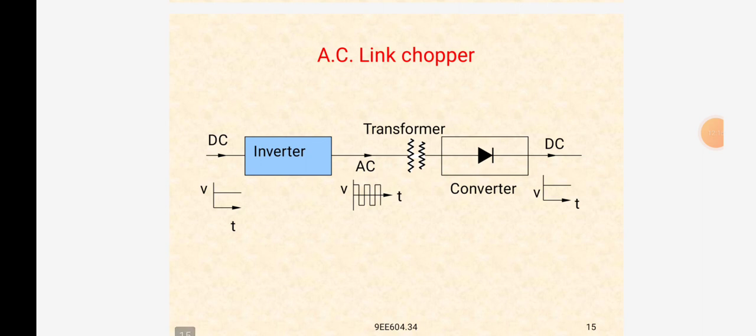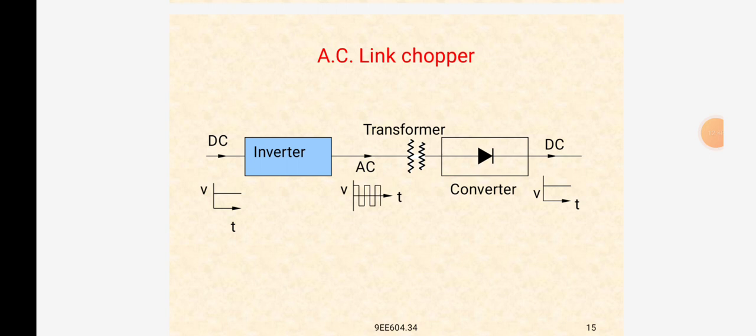In the AC link chopper, we have the input DC and an inverter. The inverter converts DC to AC. Again the converter converts AC to DC. Finally input and output are DC to DC, that is the AC link chopper. In this, DC is first converted to AC by an inverter.